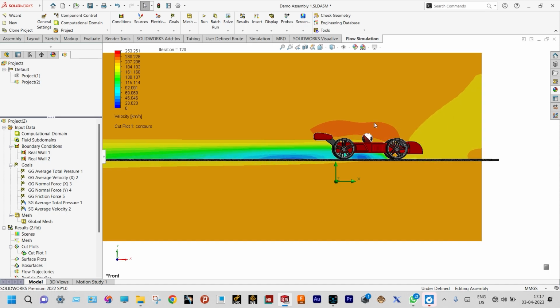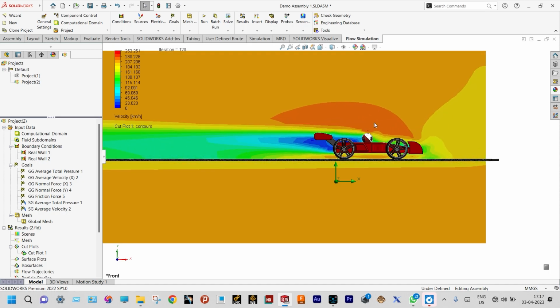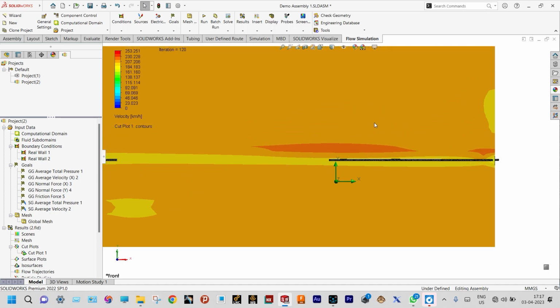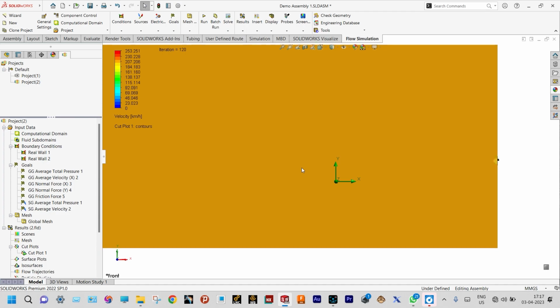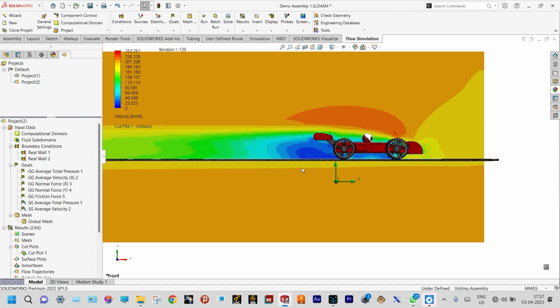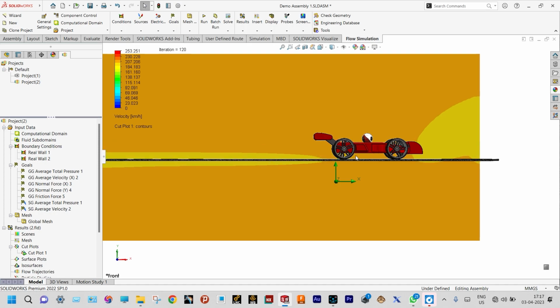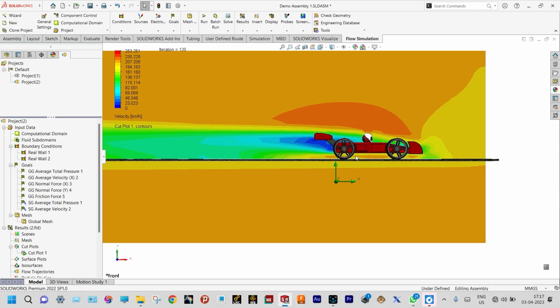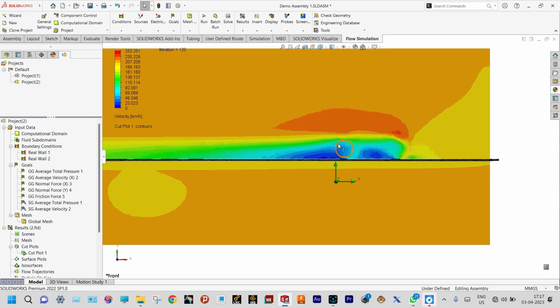It is in the red zone, which is in the range of 230 to 253 kilometers per hour, and down level you can see it is in the range of 160 to 207 kilometers per hour, and down this one you can see it is blue zone. That means it is in the range of 0 to 46 kilometers per hour here itself, right?